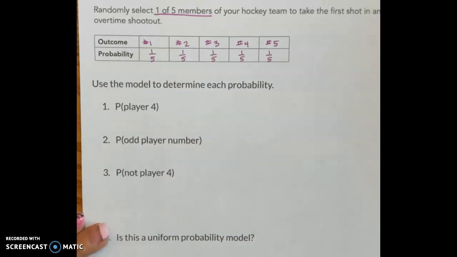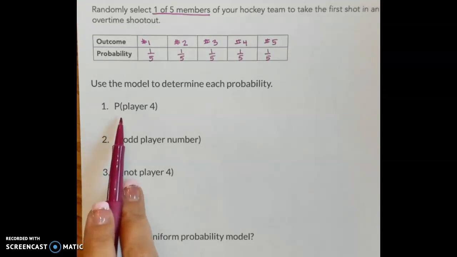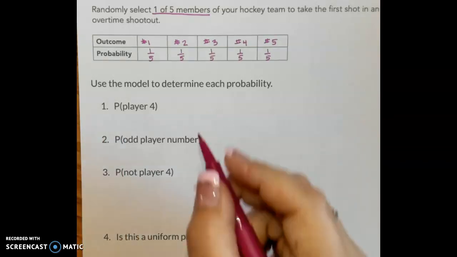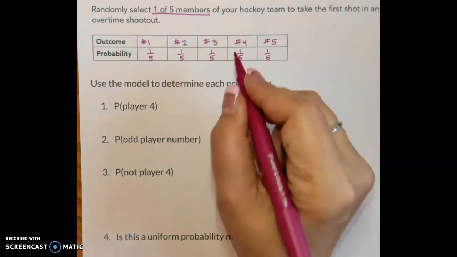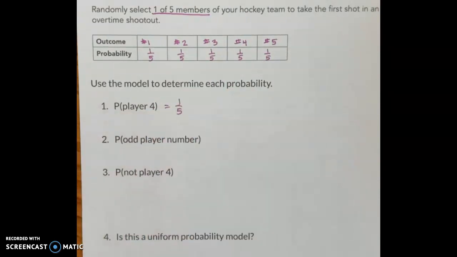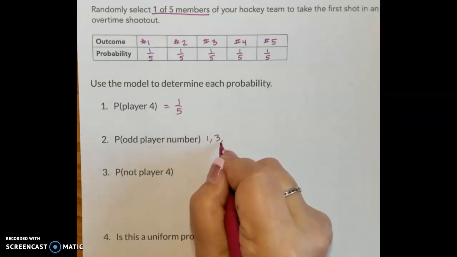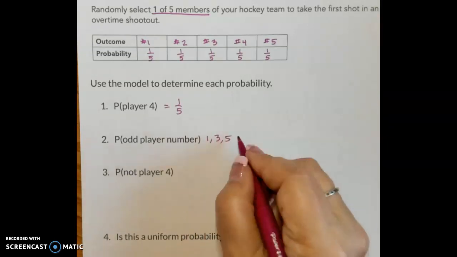All right, we're going to use the model to help us determine the probabilities. Let's take a look at calculating the probability of choosing player number 4. Okay, well, we know from our table the probability is equal to 1 out of 5. Okay, the probability of an odd player number. Okay, we have the odd numbers 1, 3, and 5.